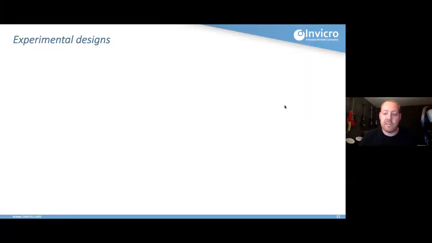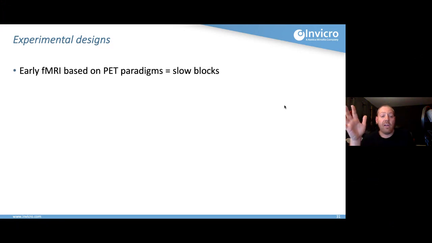Right, so pressing on. Before we get started on the analysis stuff, a little word about experimental designs. The early work in fMRI in the 90s was based on PET paradigms, positron emission tomography, largely because most of the people who started doing fMRI in the early and mid 90s were PET researchers.